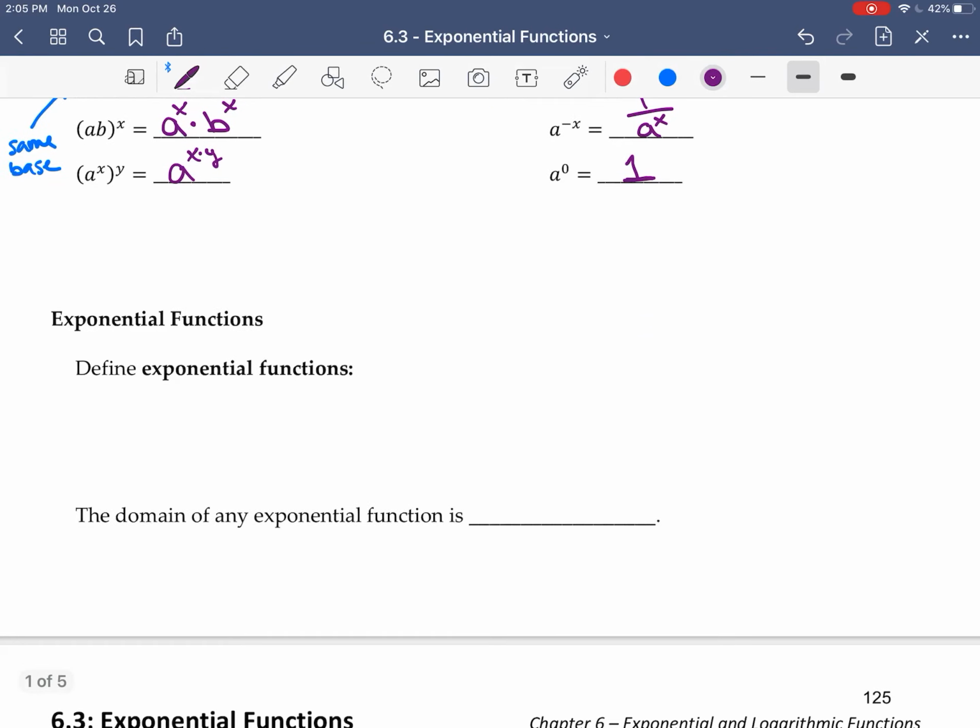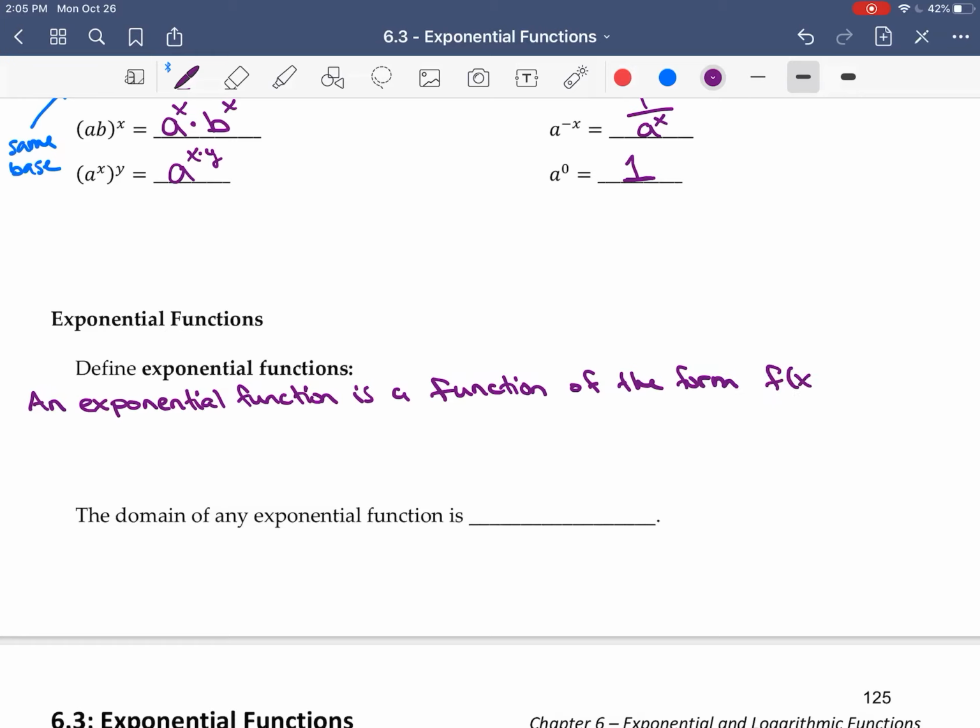So what is an exponential function? Okay, so an exponential function is obviously a function of the form, let's call it f of x, and it's going to be c times a to the power x, where a is bigger than 0 and not equal to 1, and a real number.